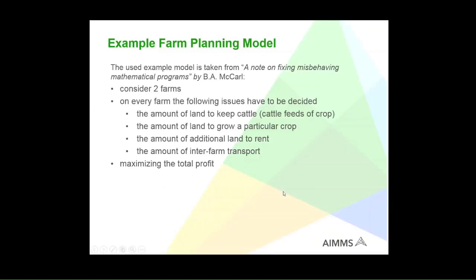But before I go to the demo, let me explain the model that I'm going to use. It's a very basic model. You have two farms, and on every farm you have to decide what you're going to do. How much land you devote to keeping cattle, because cattle feed off crops, so you need to make sure that you grow enough land for a particular crop.